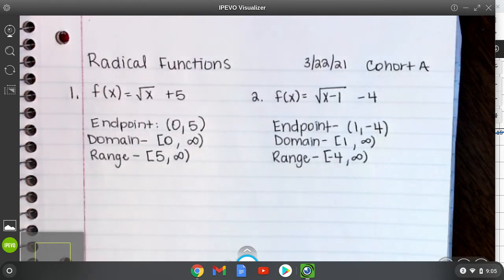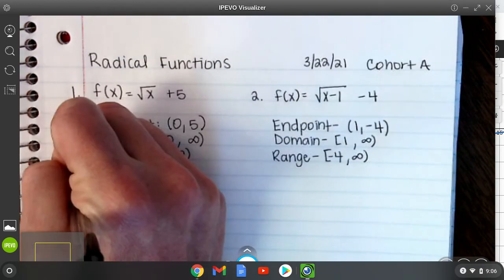So the question probably is, okay, this seems pretty simple, but when is it not just like that? We are going to see some in a second where we will have a negative outside the square root, and it does change one of our characteristics there. I want you to practice the next two though.